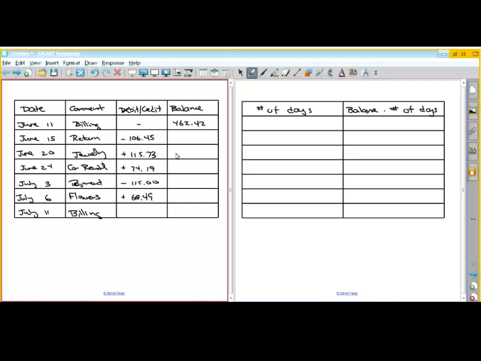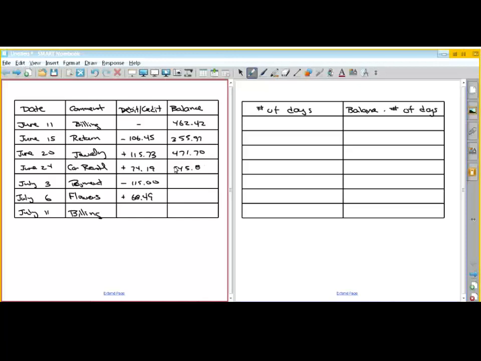So we're going to take 462.42, subtract 106.45, and I get 355.97. Then we're going to add 115.73 to the balance. So that's 471.70. Then we're going to add another charge for the rental car.